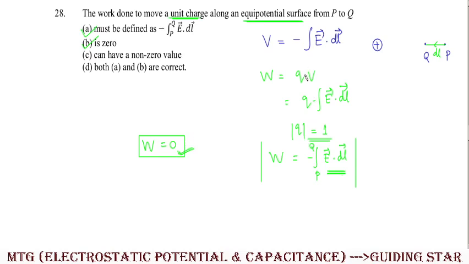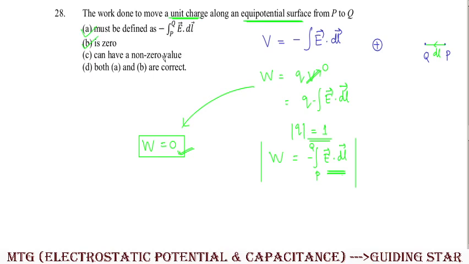Why? Because over an equipotential surface, the potential difference will be 0, so this term will become 0. No need to do all these things. Potential difference directly will be 0, so finally work done will be 0. So options A and B are correct.